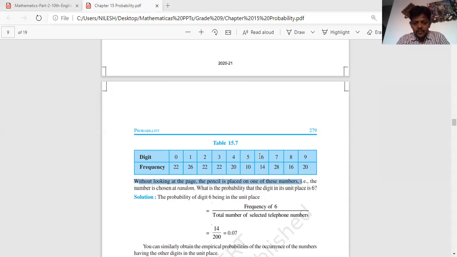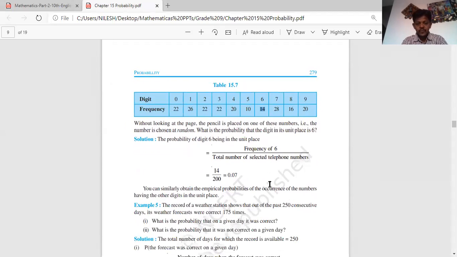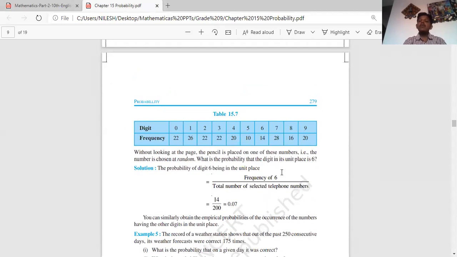How many times? 14 times, upon 200. Yes, because 6 occurs 14 times. So 14 upon 200. Yes or no? Yes. So now, probability of getting 4: 20 upon 200. Yes. Probability of getting an odd number.